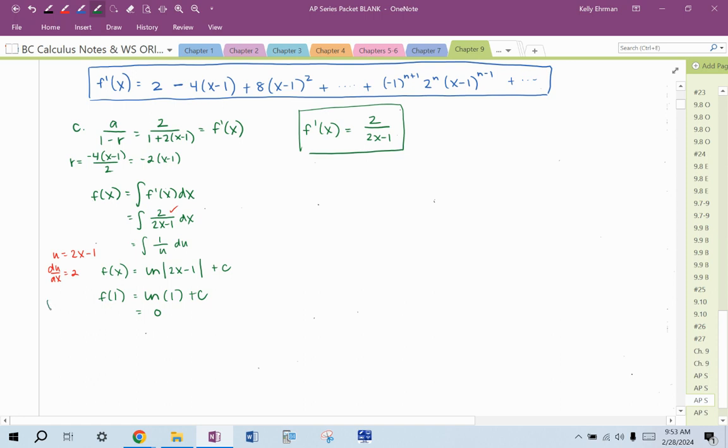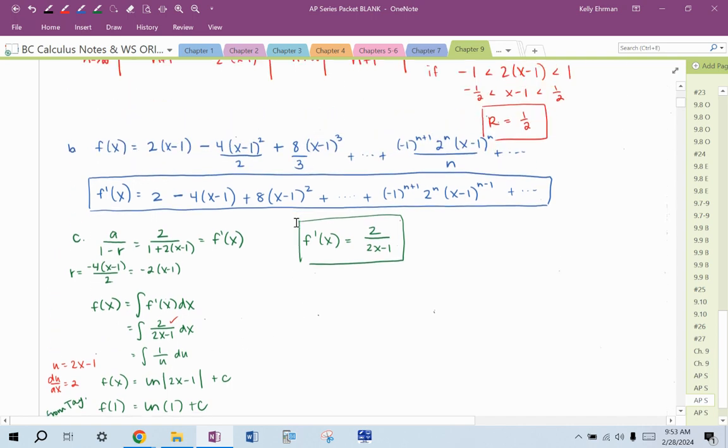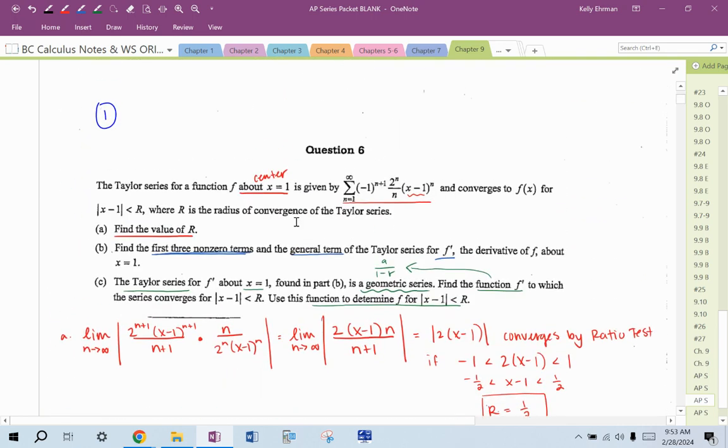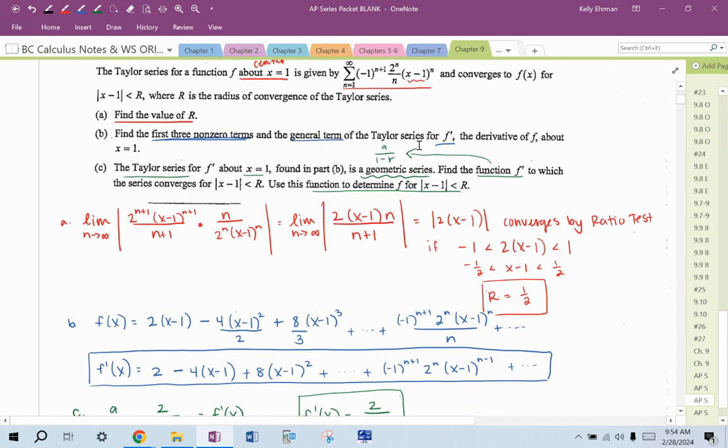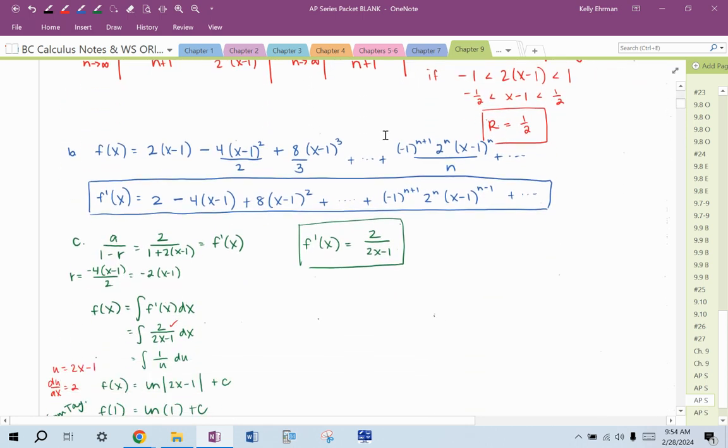So f of 1 comes from the Taylor polynomial, remember? So let's go back and look. Here's the series for f of x. The first term you get should be the value of f of c, right? f of c plus f prime of c times x minus 1, and so on.